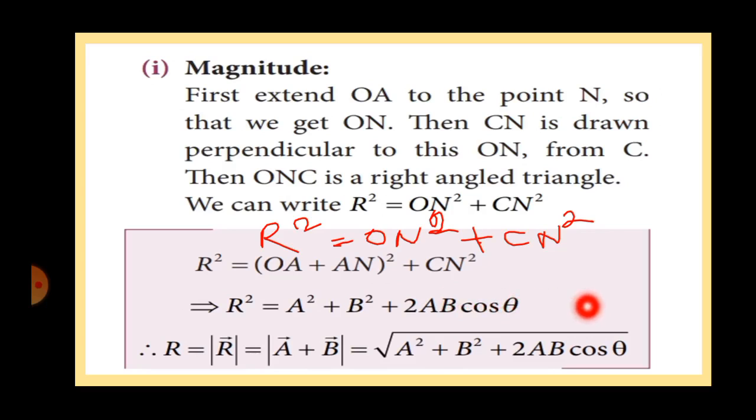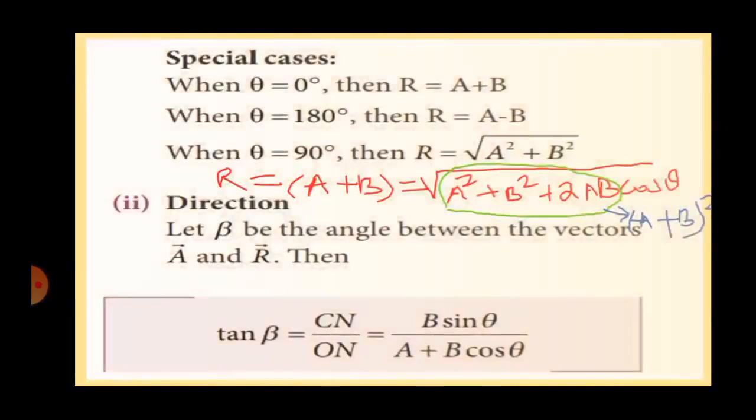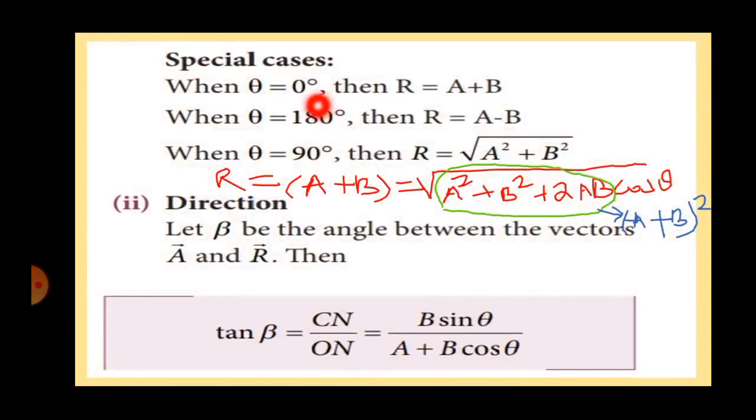Now here some cases are there. Case 1, when theta is equal to 0 degree. Magnitude of vector R is equal to modulus of A vector plus B vector, that is equal to square root of A square plus B square plus 2AB cos theta. Now substitute theta value, cos 0.